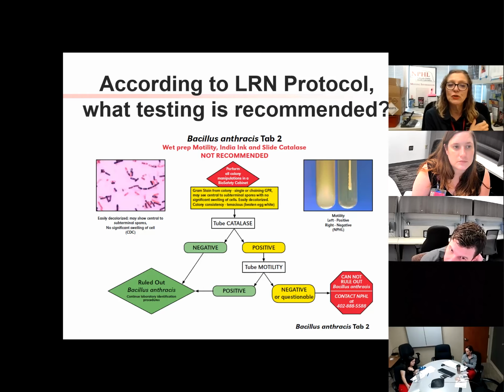Catalase is easy to do. You'll know your answer in 5 minutes. Whereas unfortunately, this tube motility does take overnight growth. And that may be what you have to do.